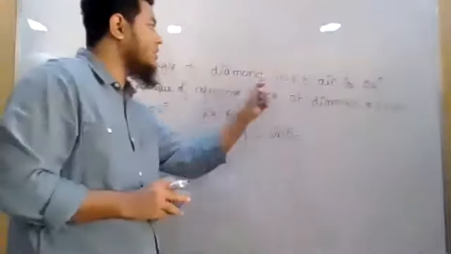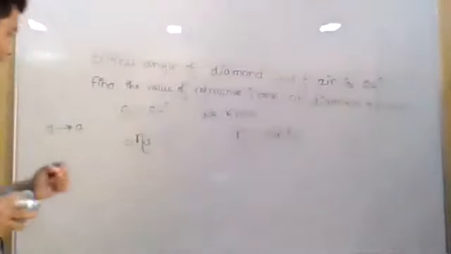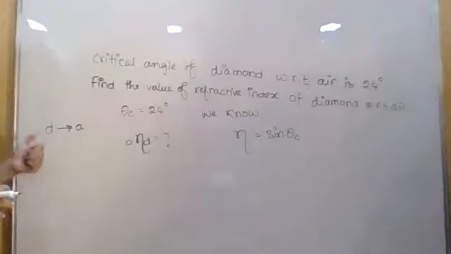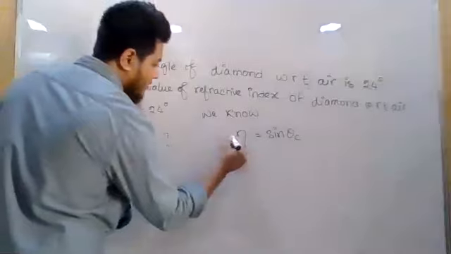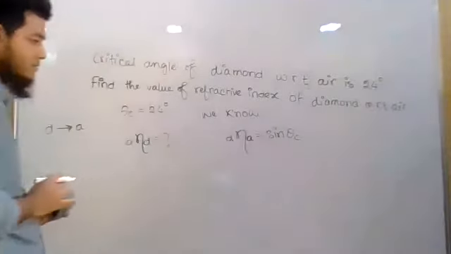Now between diamond and air, which one is denser, diamond or air? Diamond, and the light is passing also from diamond to air, right? So diamond we will write first and air later, okay?